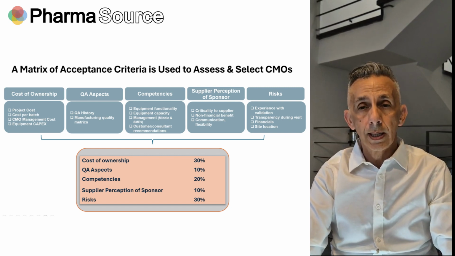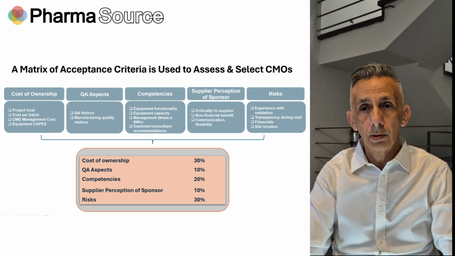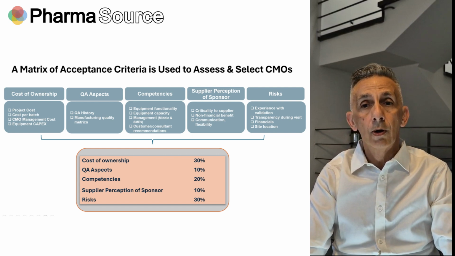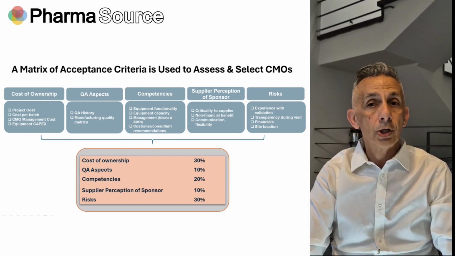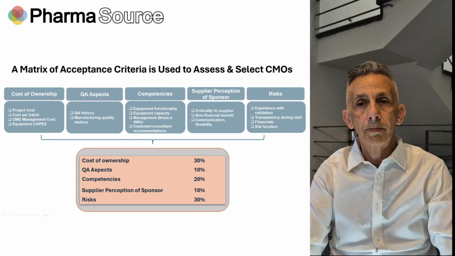For each of these topics, we are including subtopics. Let's take, for example, the cost of ownership. We don't look just at the total cost of the project, but at the cost, for example, of one batch, an engineering batch, a clinical batch, a primary stability batch.